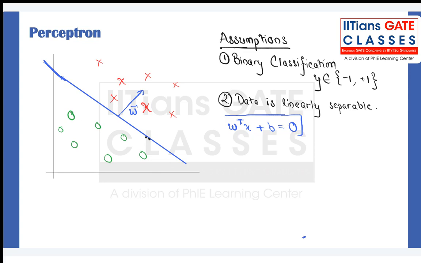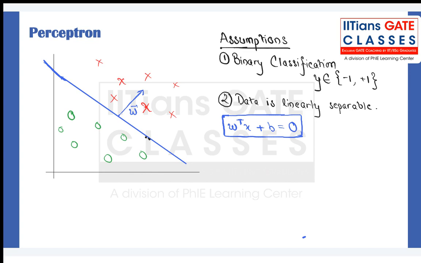But if you don't understand this, that's okay. You can just look at this: any vector perpendicular to a line will have the equation W transpose X plus B equal to 0. And what the Perceptron algorithm now tries to find out is the values W and B.